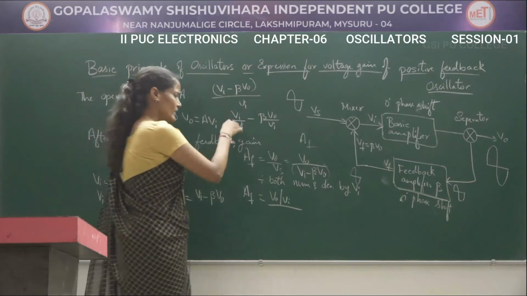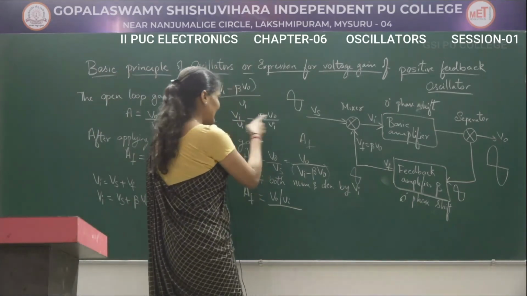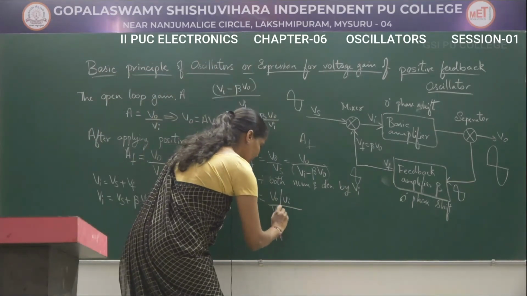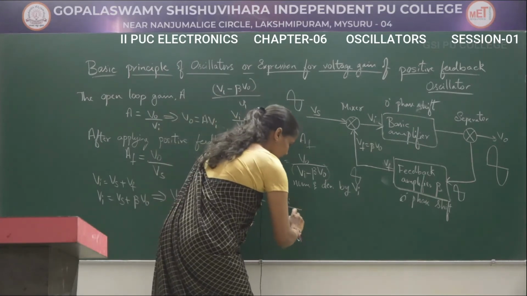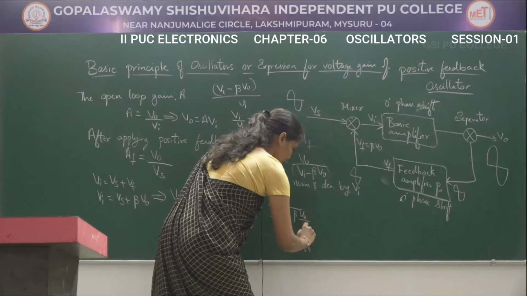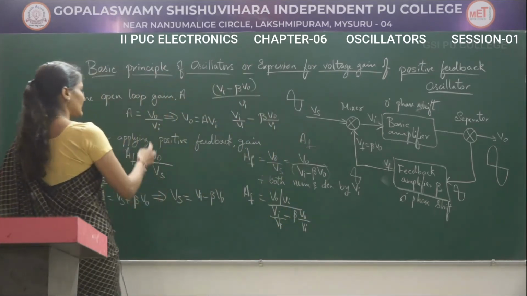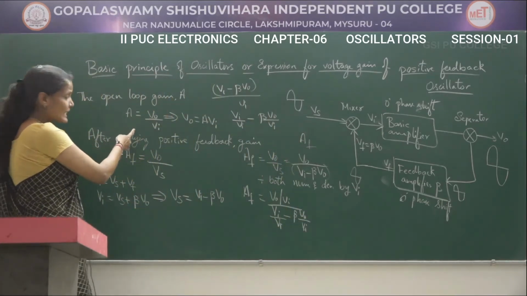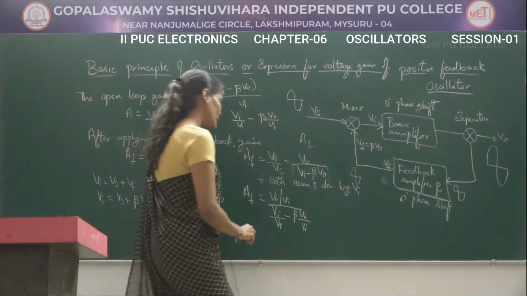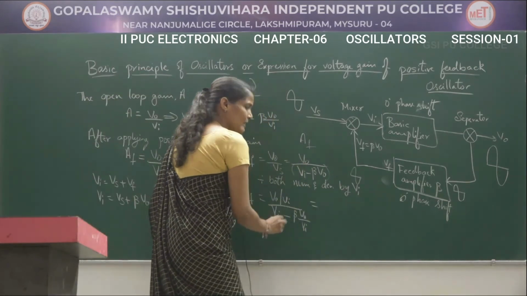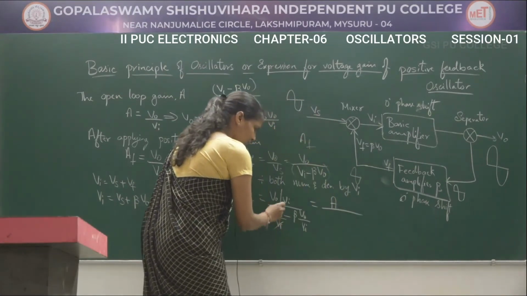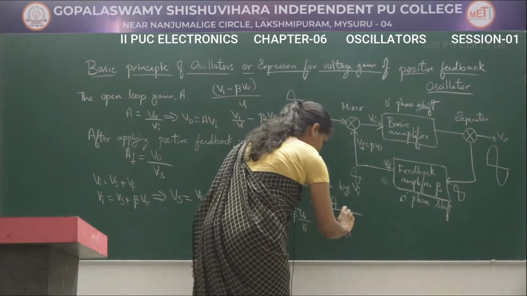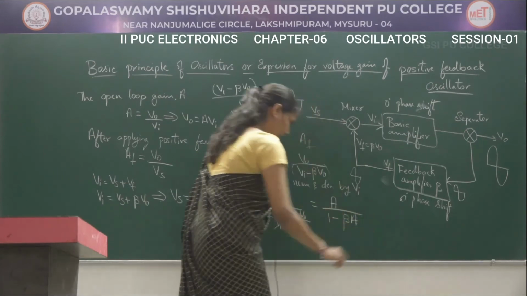Vi gets cancelled, so let me write this step here directly. Vi divided by Vi minus beta into V0 divided by Vi. But we know that V0 by Vi is equal to A, which is nothing but the open loop gain. So in place of V0 by Vi, let me write it as A divided by Vi gets cancelled, so 1 minus beta times of A.